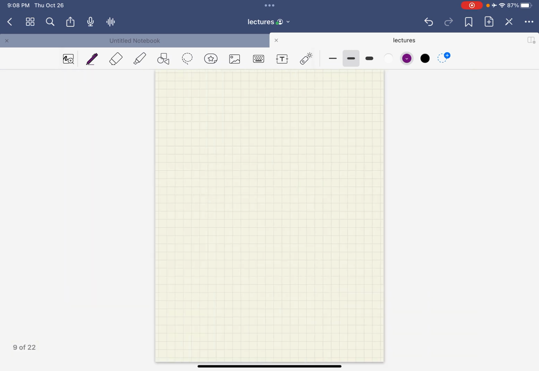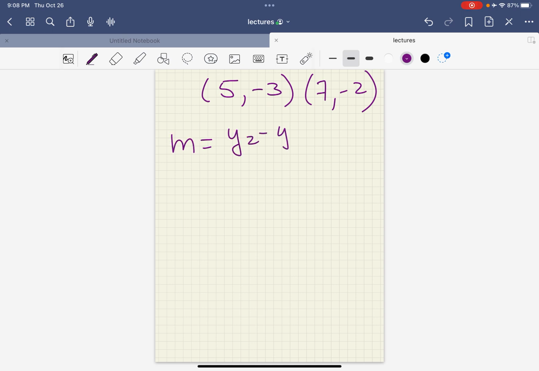Okay, next. Number 15, given the points 5, -3 and 7, -2. Find the slope, so m equals y2 minus y1 over x2 minus x1.